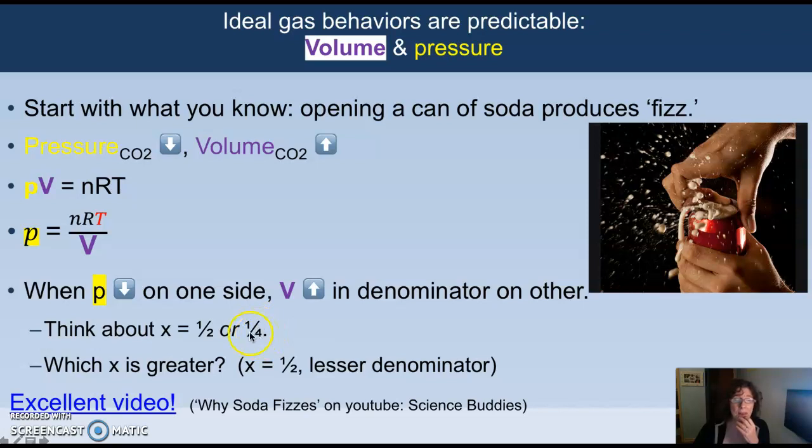Well, if I did that, my quotient would be reduced because 1/4 is much less than 1/2. So as the denominator increased, the overall value of the quotient decreased. As volume increased of CO2, pressure was decreasing.